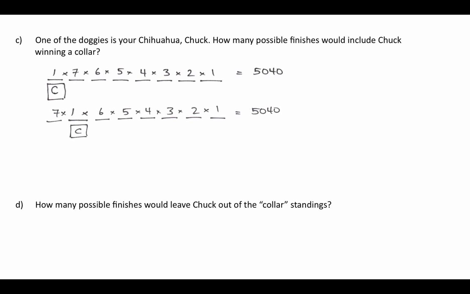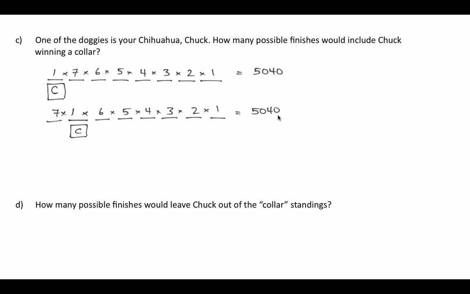Now, if he finishes in second place, it's the same order of numbers, right? Now we don't have an option for him in second. There's 7 dogs that could finish in first, 6 that could finish in third, and so on. Still 5,040.